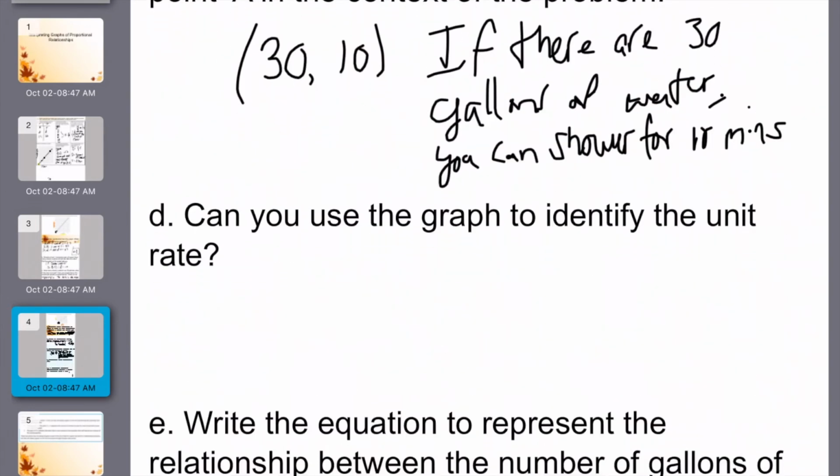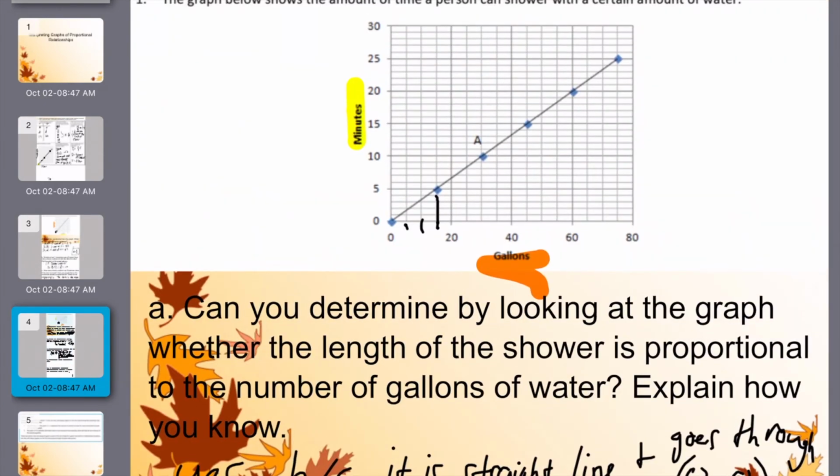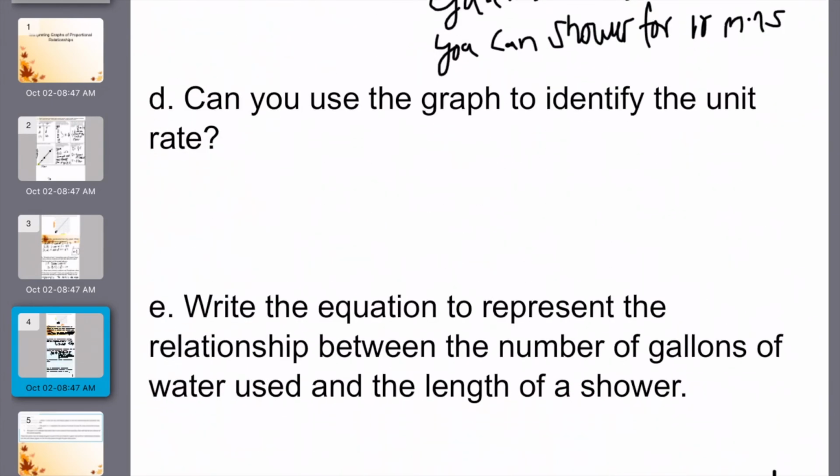Can you use the graph to identify the unit rate? Well, let's see. I know that the line passes through the origin. So I'm betting that if I look at my 1 point, or if I try to look for my constant of proportionality, because 1 is going to be way inside of here, right? But if I'm looking to see what my constant of proportionality is, I have the point 15, 5, for example.